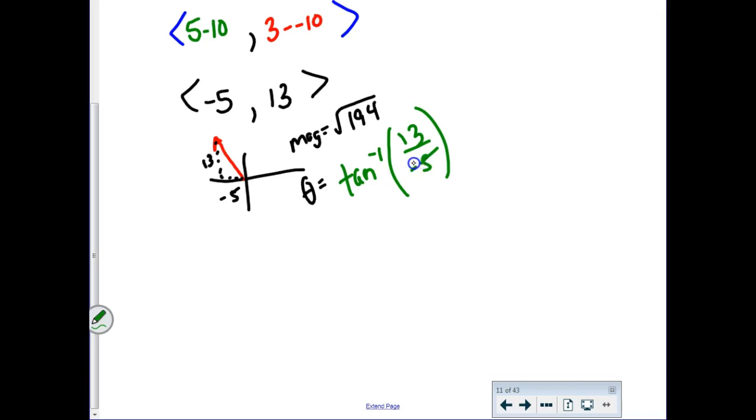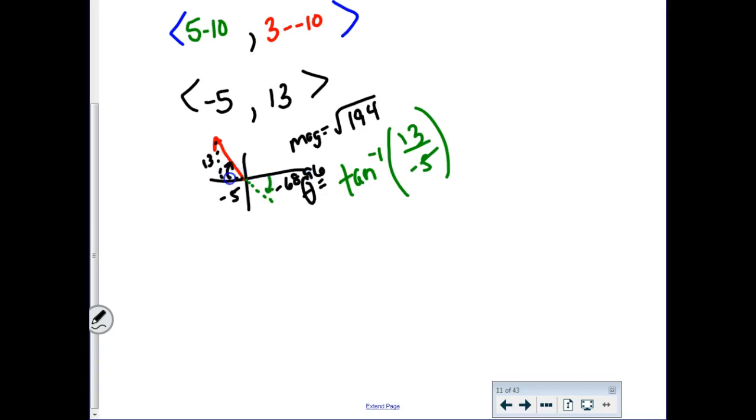That's going to give you something negative, right? Your calculator is going to give you this angle down here, I believe. What does it give you? It's negative 68.96. Okay.